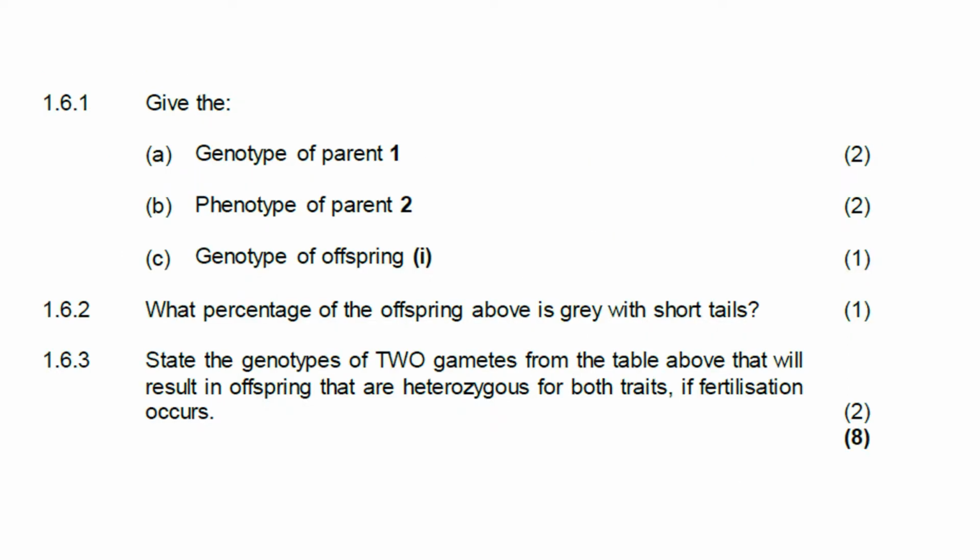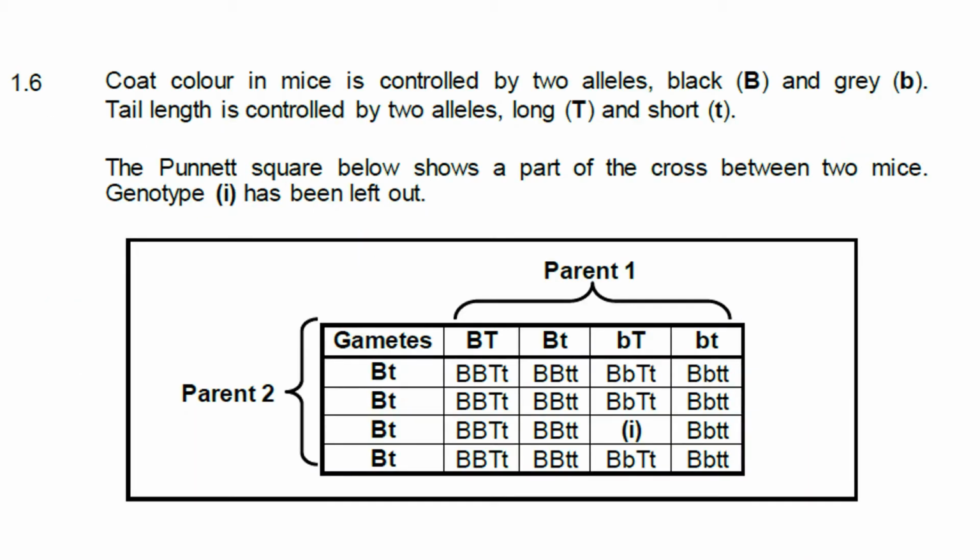Then if we have a look at question B, the phenotype of parent 2, just be careful here. They're being a bit sneaky because they're asking for genotype there, genotype here, and then suddenly for a phenotype in the middle. So you have to read very carefully. For the phenotype of parent 2, you'll see that parent 2 can only give capital B's to the offspring, which means the parent will definitely be black.